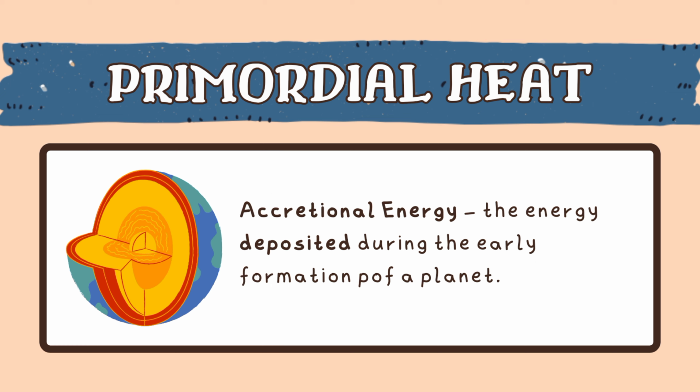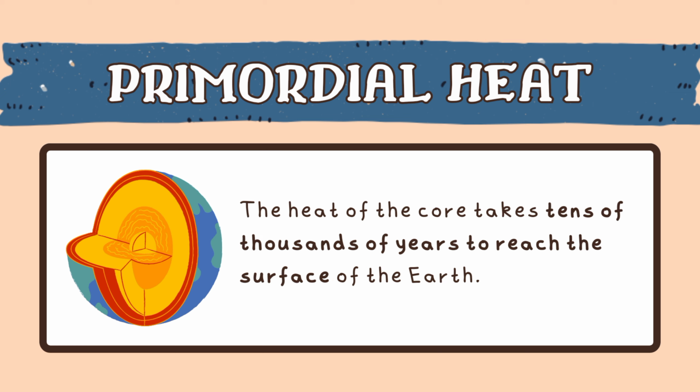The major contribution of this internal heat is the accretional energy, the energy deposited during the early formation of a planet. The heat of the core takes tens of thousands of years to reach the surface of the Earth.